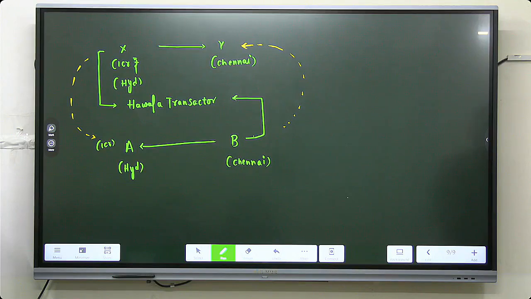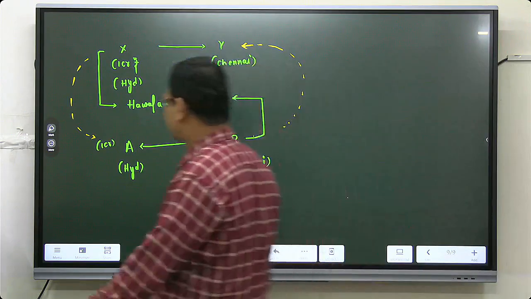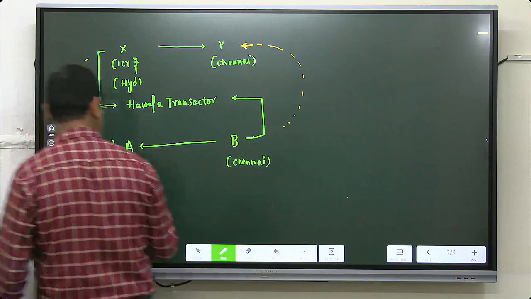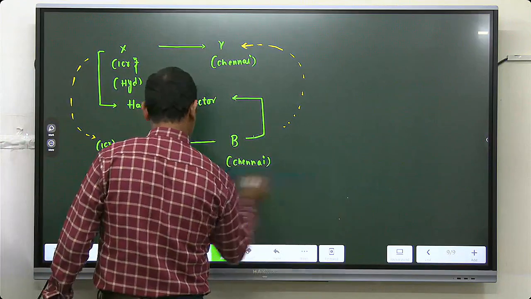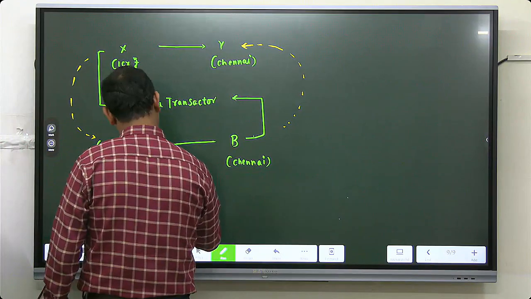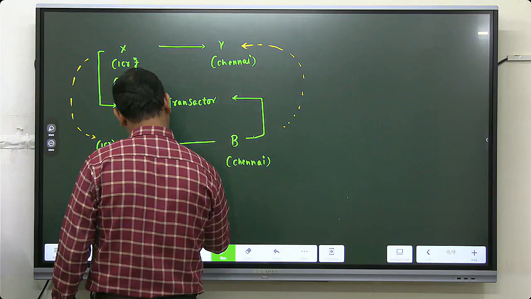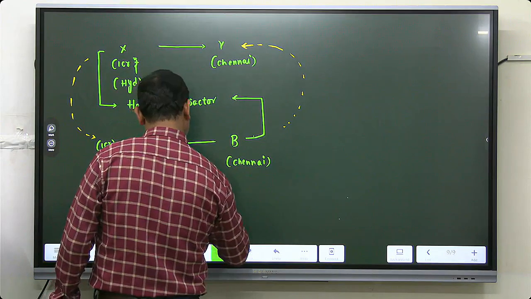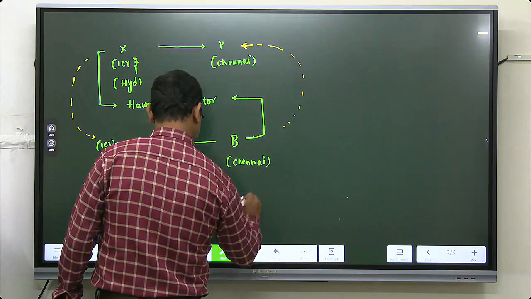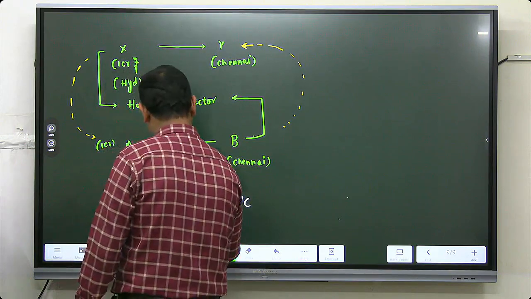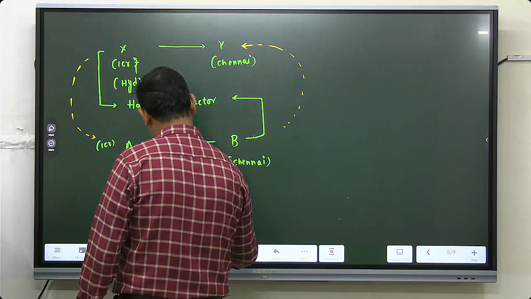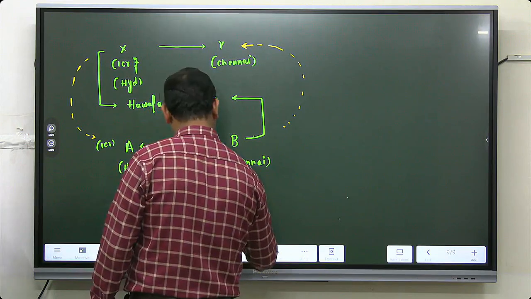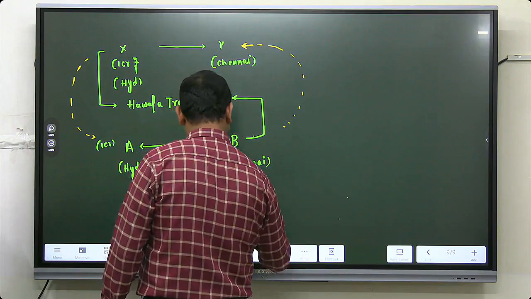This is called hawala transaction. Benefits of hawala transactions, you write. One, no need of KYCs. Second, no need of waiting in long queues.